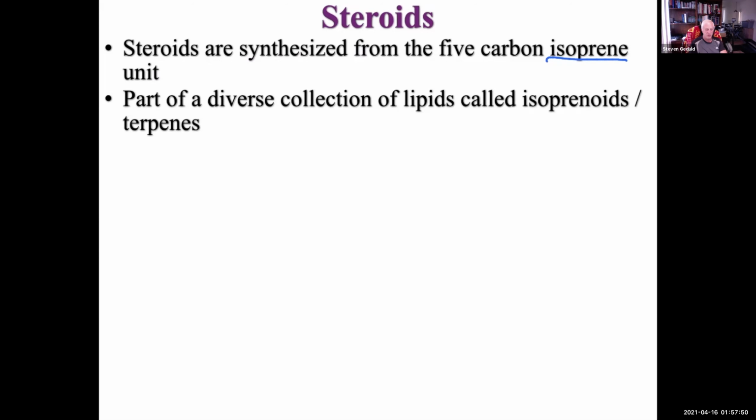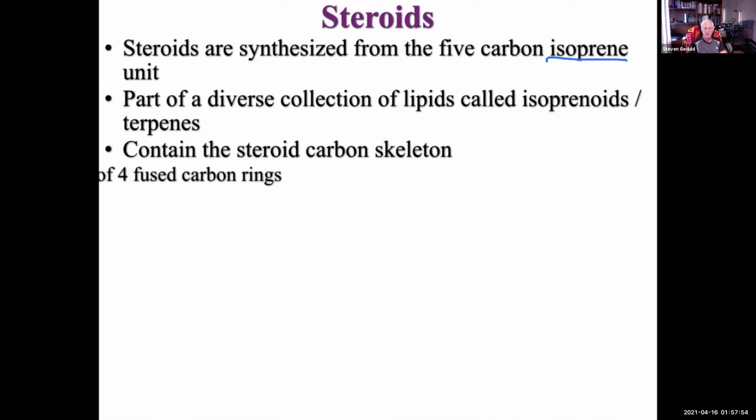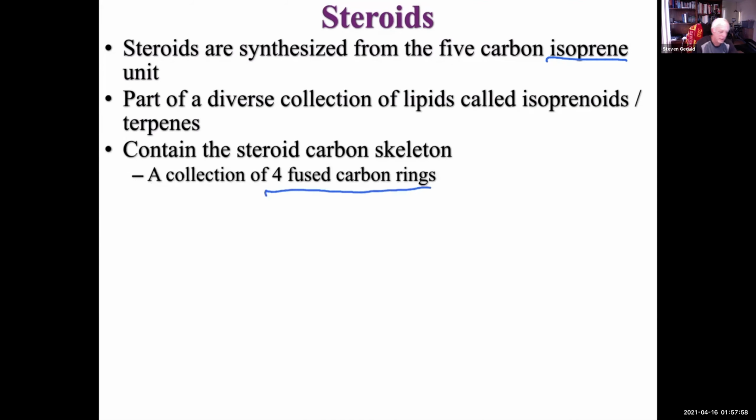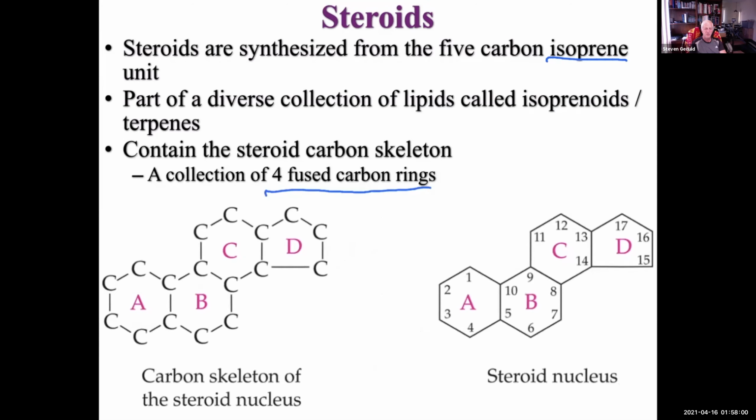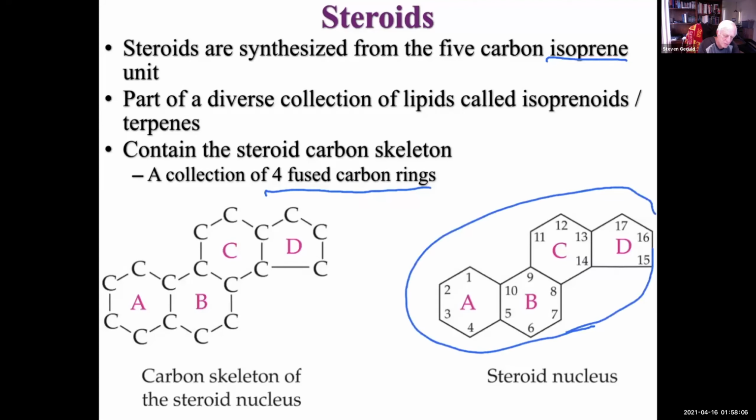Your isoprenoids and terpenes contain the steroid carbon skeleton. It's a collection of 4 fused carbon rings, and this is what they look like. This is the nucleus of a steroid. There are 4 fused carbon rings: 3 that have 6 carbons, and 1 that has 5 carbons.